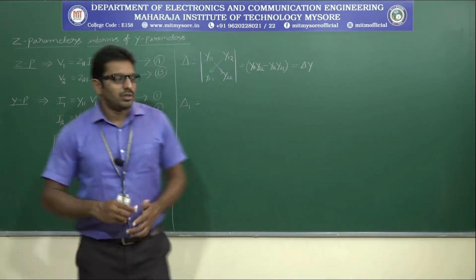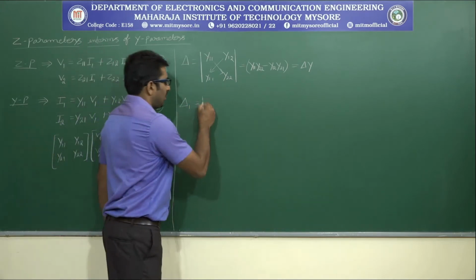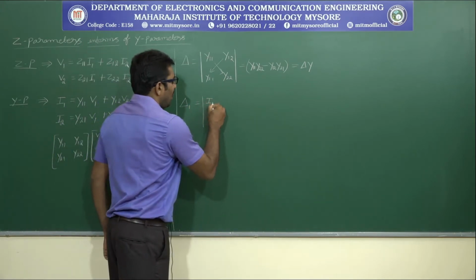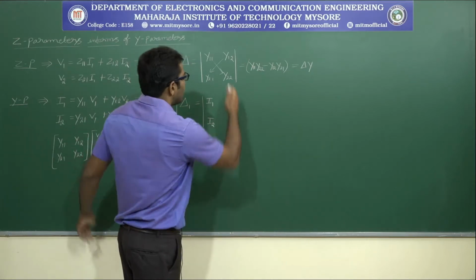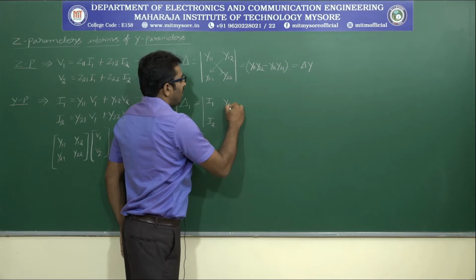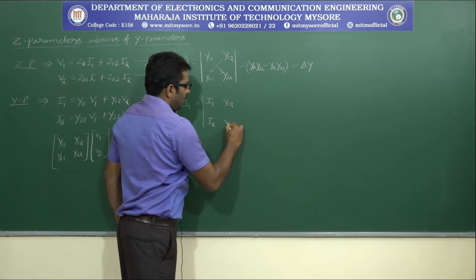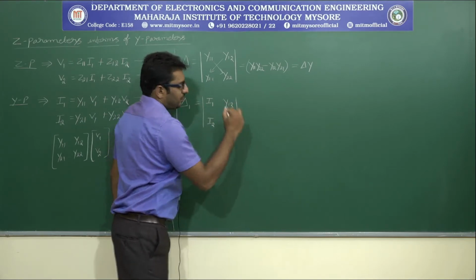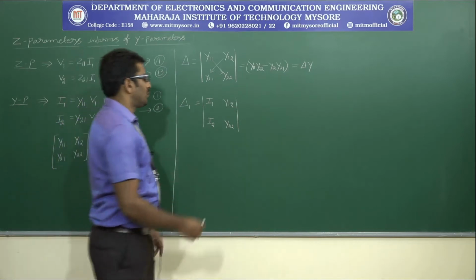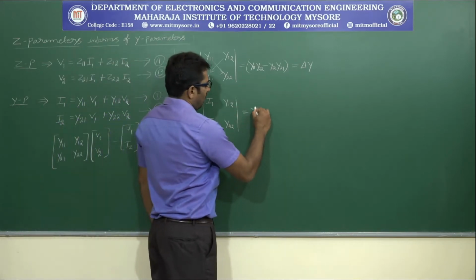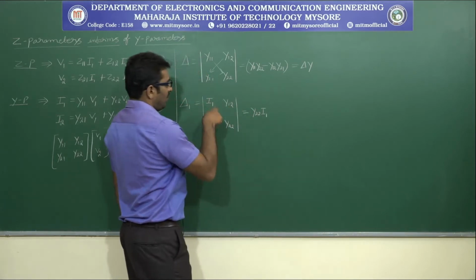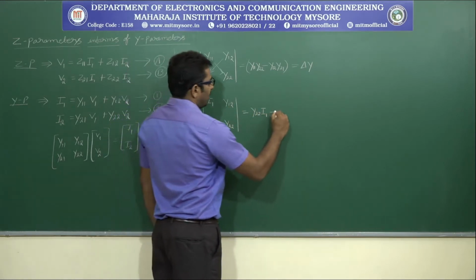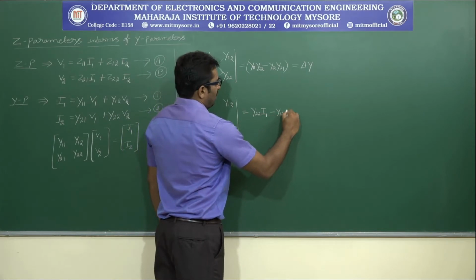The second column stays as it is, Y12 Y22. Just cross multiply: this is Y22 I1 minus Y12 I2.